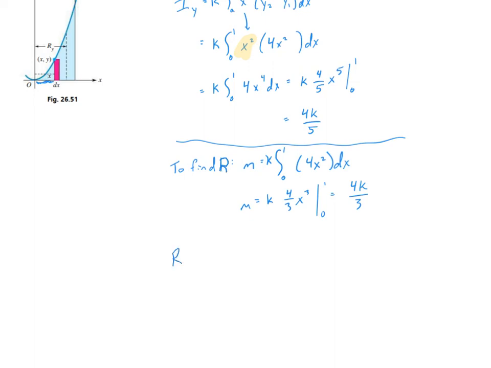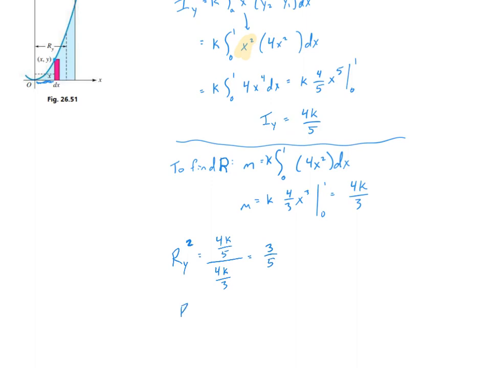So the radius of gyration in the y direction, this was I sub y, with I as my center of rotation, is equal to the 4k over 5 that we got in the first step. Actually, this is still squared, divided by 4k over 3. And when that all simplifies and all said and done, is 3/5.